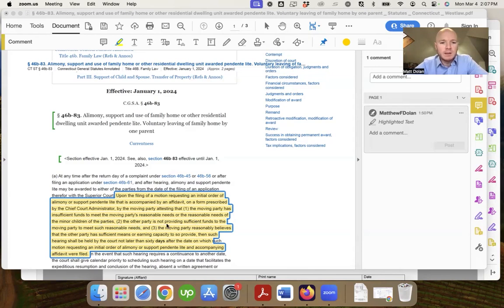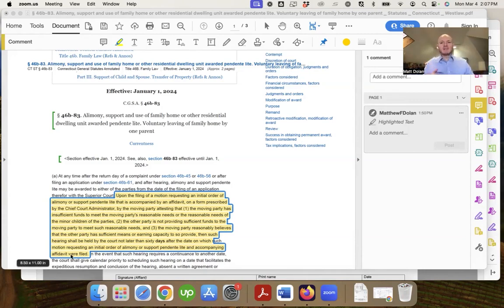Two, the other party is not providing sufficient funds to the moving party to meet such reasonable needs. And three, the moving party reasonably believes that the other party has sufficient means or earning capacity to so provide, then such hearing shall be held by the court not later than 60 days after the date on which such motion requesting an initial order of alimony or support pendente lite and accompanying affidavit were filed.